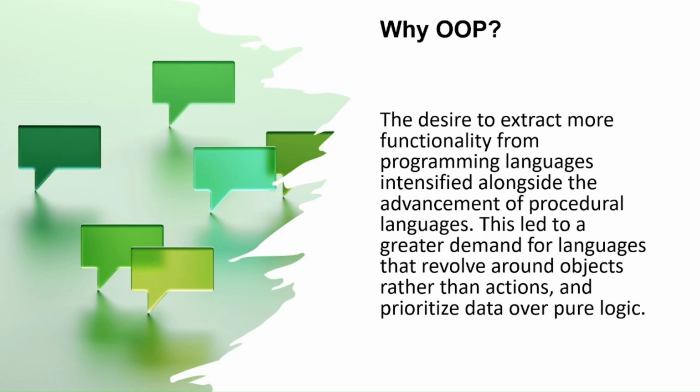So the desire, as I said earlier also, to get more functionality from programming languages, they intensify every day alongside the advancement of procedural languages. This actually leads to a greater demand for languages, and when the priorities change, you keep changing the things, you keep adding the things, you keep moving, you keep developing.